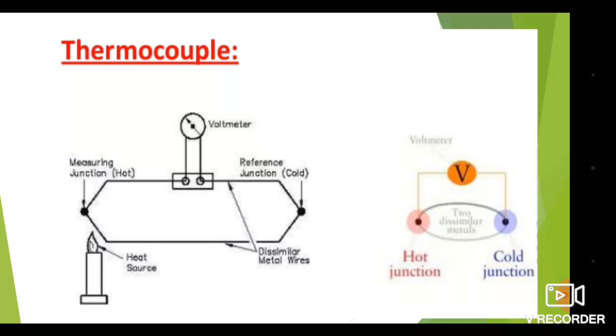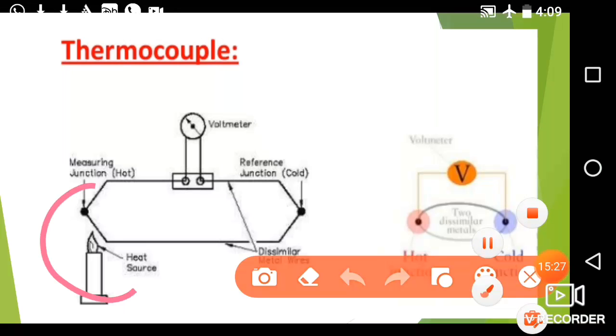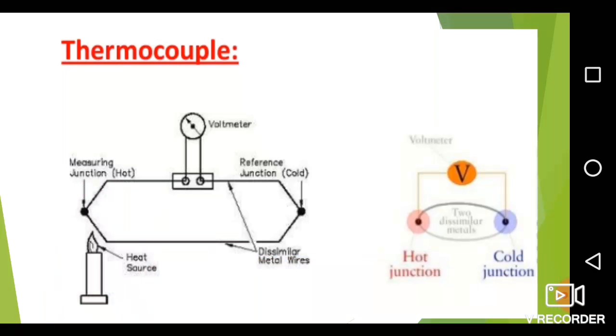Then we see how this thermocouple looks. This is the measuring junction, the hot junction, and the heat source. The hot junction is continuously heated by a candle or any source of heat.